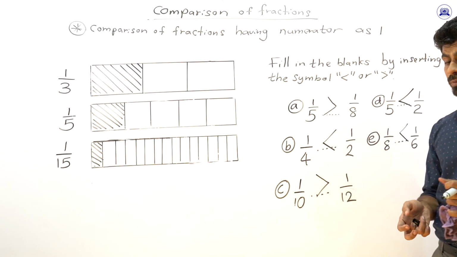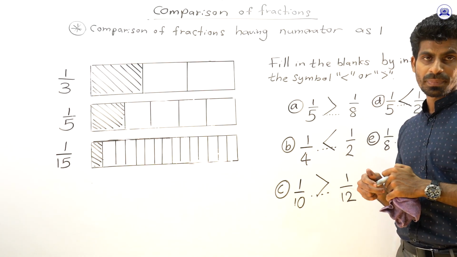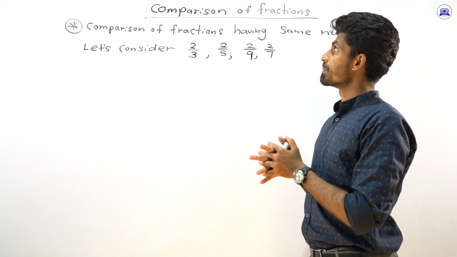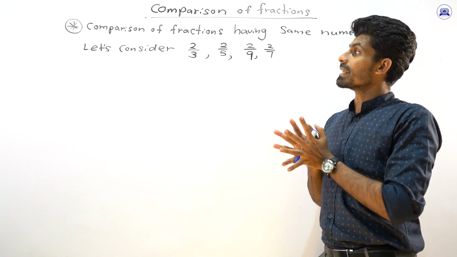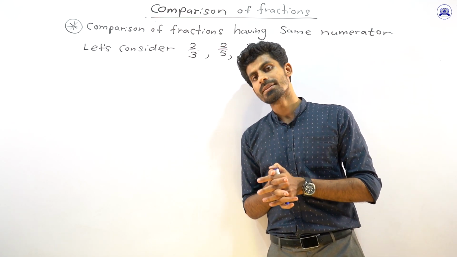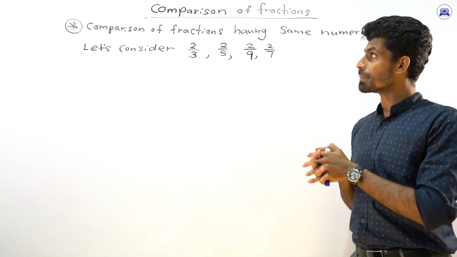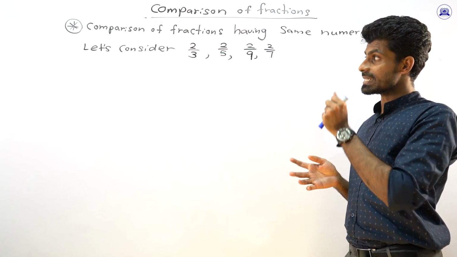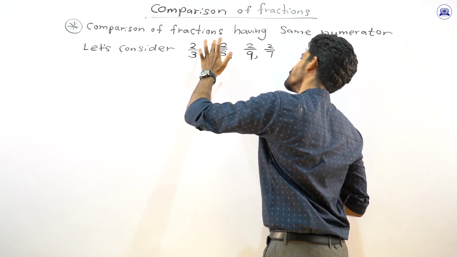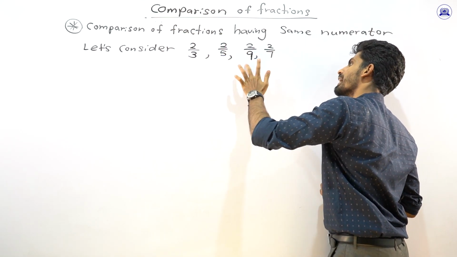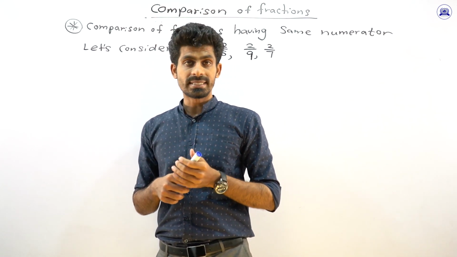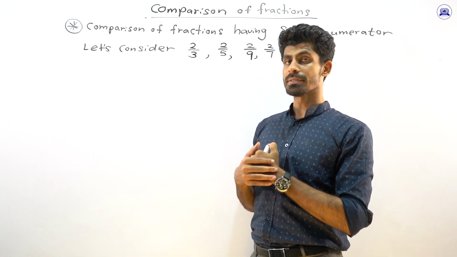Let's move to the second comparison part. Comparison of fractions having the same numerator, right? Let's consider those fractions: 2 over 3, 2 over 5, 2 over 9 and 2 over 7. How do we compare those fractions?